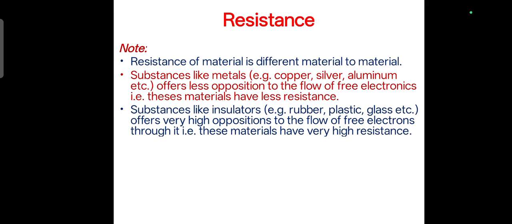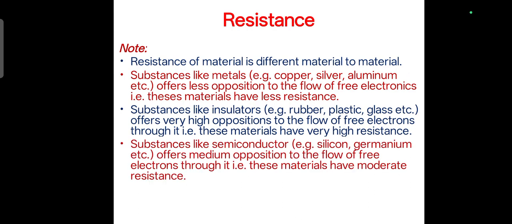Third, semiconductors like silicon and germanium offer medium opposition to the flow of free electrons, so they have moderate resistance.